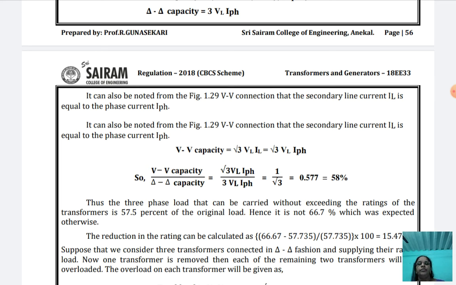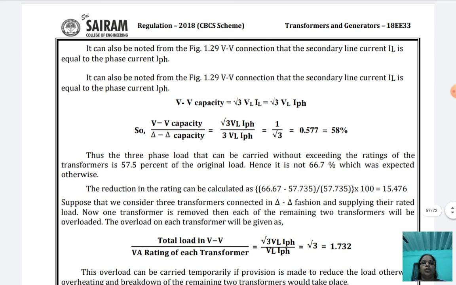The VV capacity divided by the delta capacity gives 1 by root 3, which is 58% of the original load. That means the three phase load that can be carried without exceeding the ratings of the transformer is 57.7%, that is 58% of the original load, but it is not the 66.7% which was expected.